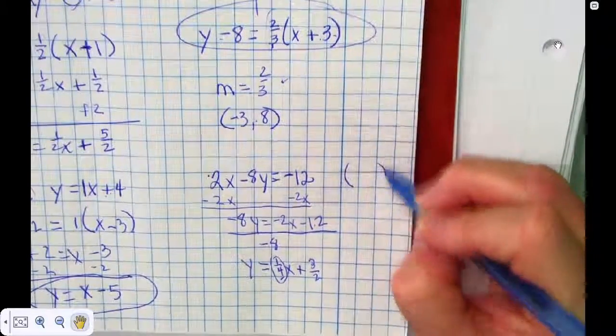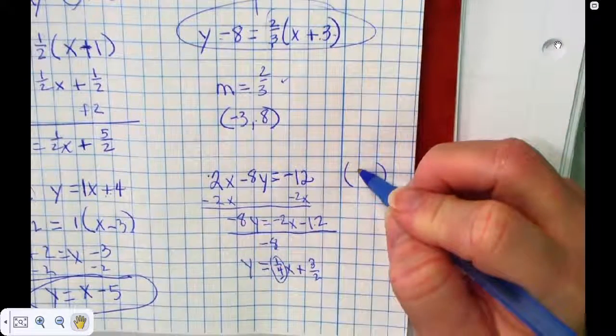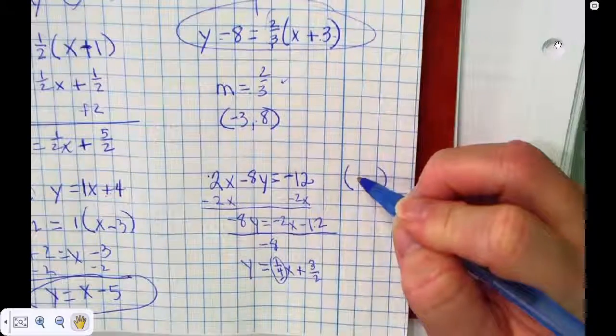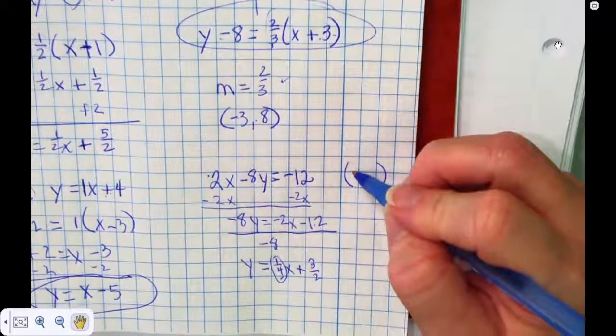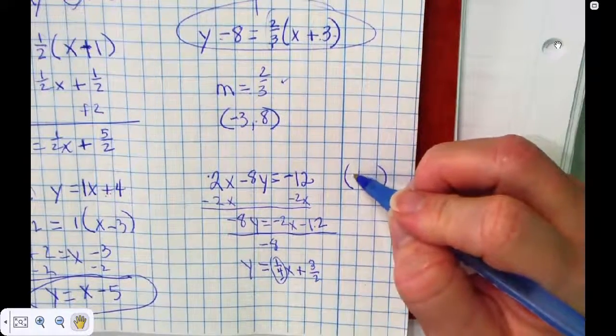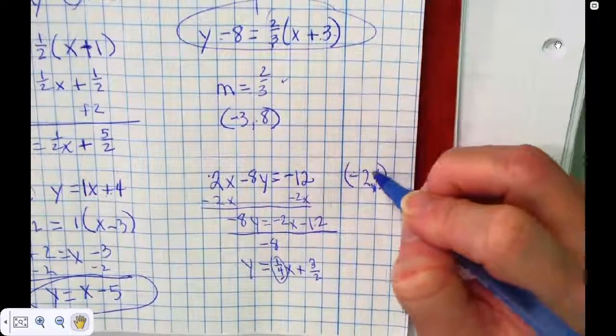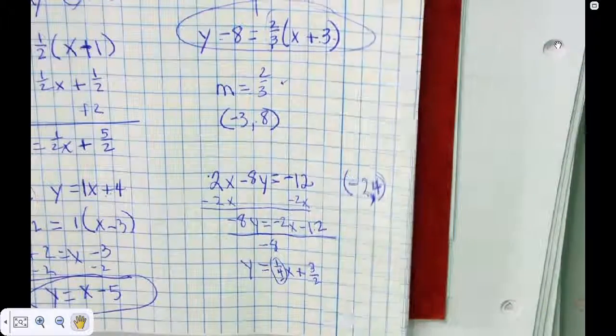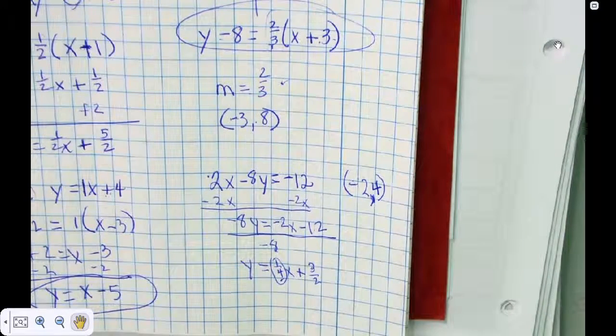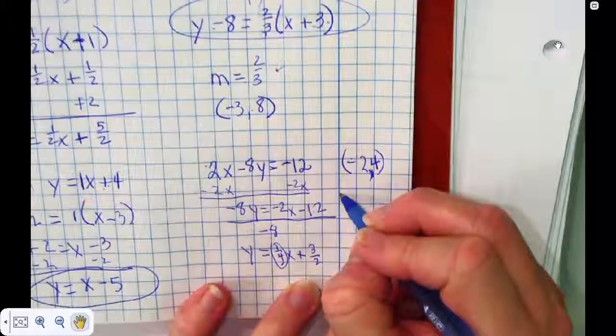And so if it goes through, I was trying to make it really easy, but I think I won't. Negative 2, 4. What are you going to do? I'm going to write real small so I can get it on my paper.